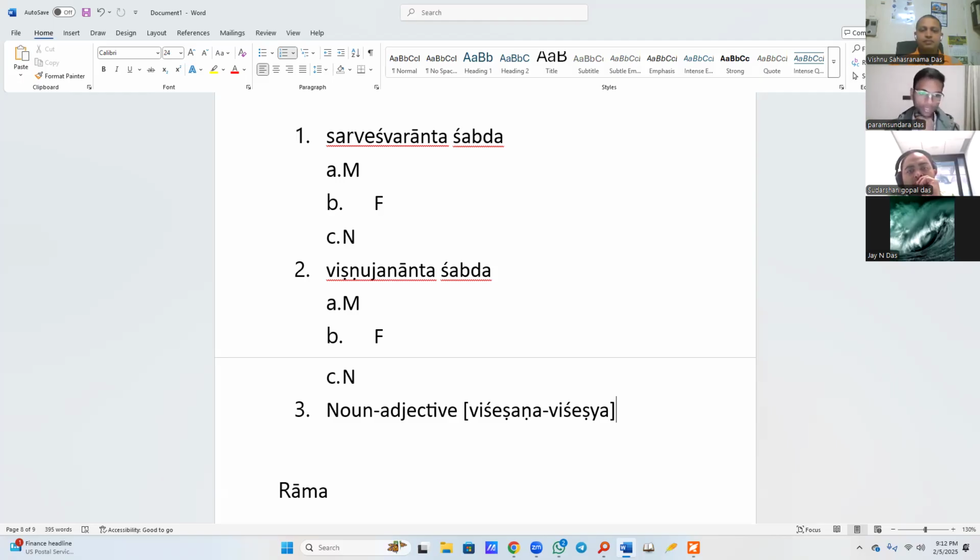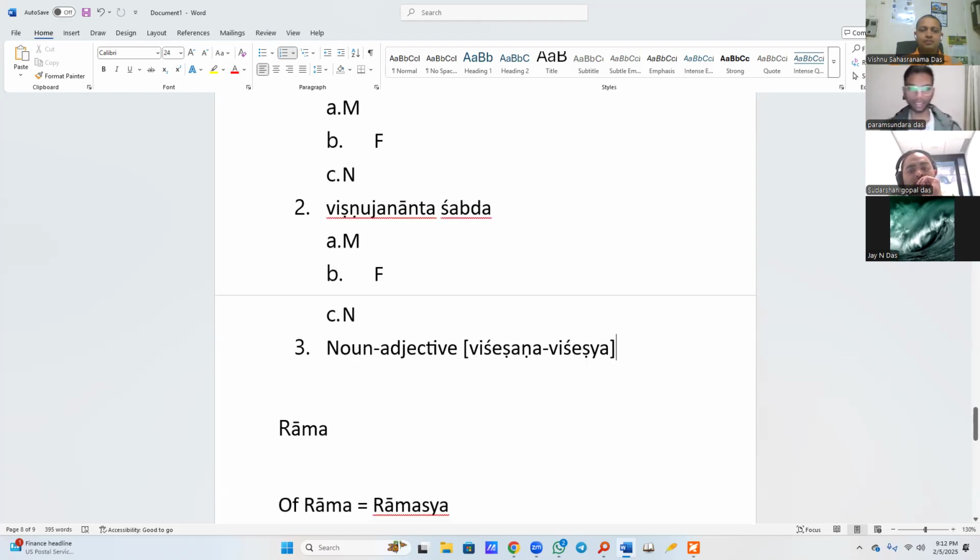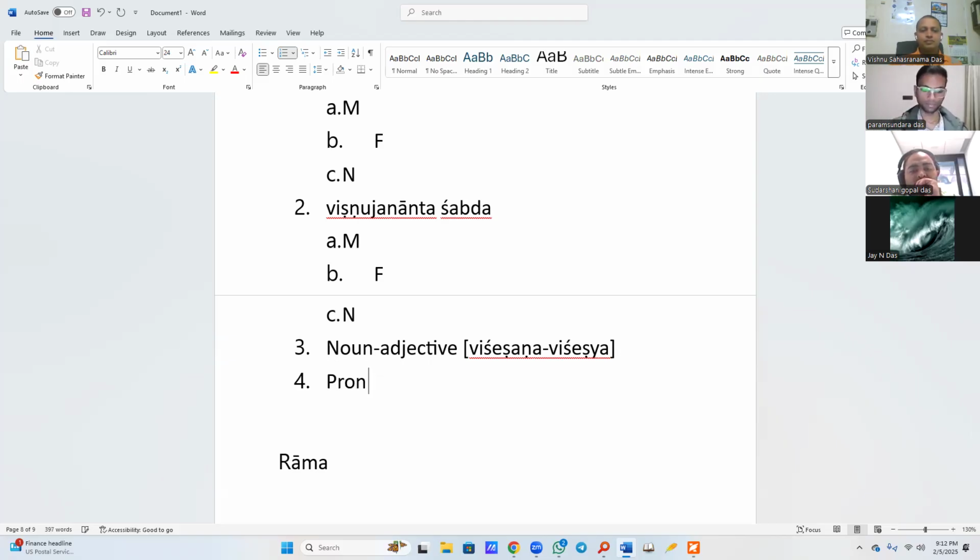So in this way, this noun and adjective small section is there, and then the fourth section is the pronouns. Like in English, he, she, it. In Sanskrit, generally they are called Sarvanama, but in Jiva Goswami's Vyakaran, they are called Krishna Nama.